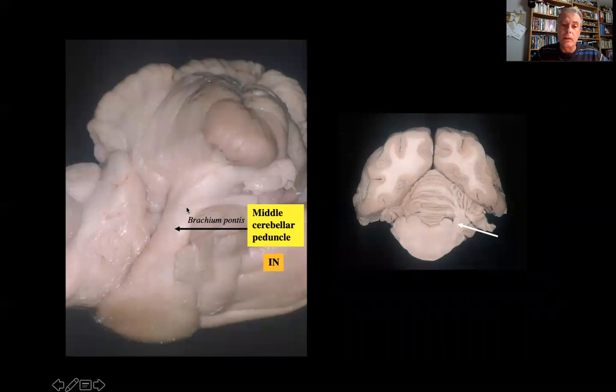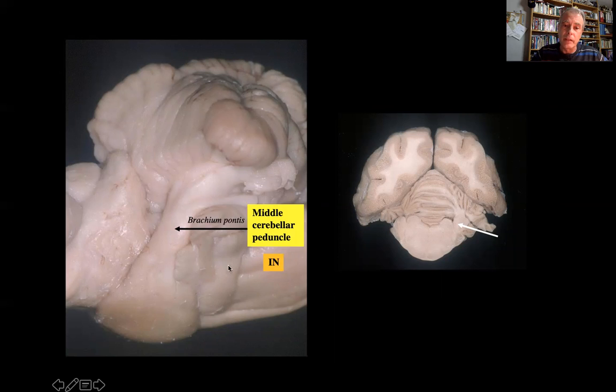The middle cerebellar peduncle, also known as brachium pontis, because it connects the pons with the cerebellum. To be able to identify this in a dissection, I had to remove the dorsal and ventral paraflocculus. That is the mesencephalon with the caudal colliculus, rostral colliculus.